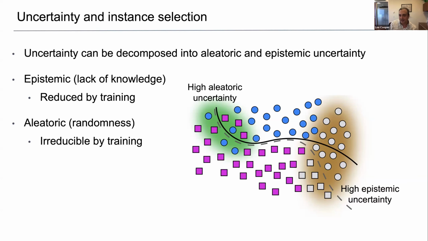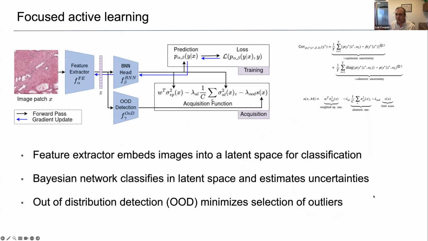So our hypothesis was really that we want to distinguish between examples that are aleatorically uncertain versus epistemically uncertain. And so we developed a Bayesian neural network to do that. You have an image patch that you would like to classify. It goes through a feature extractor, which embeds this image into some high dimensional latent space, where the classification is performed.